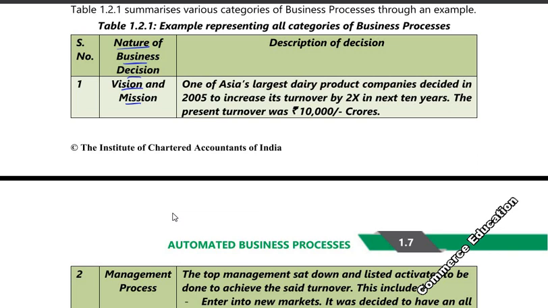So in the example given, one of Asia's largest dairy product manufacturing companies decided to double its turnover within the next 10 years. Its present turnover is 10,000 crore. It wants to double its turnover, which means it wants a turnover of 20,000 crore.